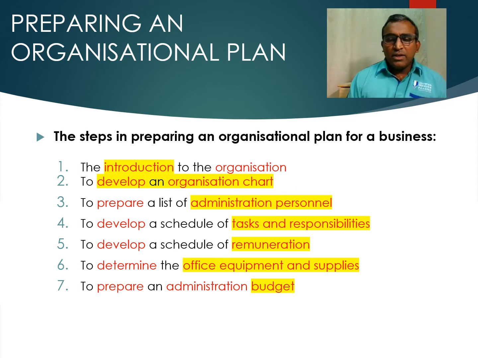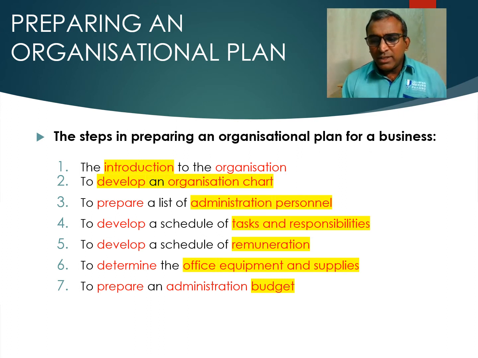Okay? And then, of course, when they need assistance in the form of office equipment, the fax machine, photocopy machine, telephone, computers, stationery, all need to be considered in planning. And finally, estimating for all these requisites, including the manpower, and putting a budget.